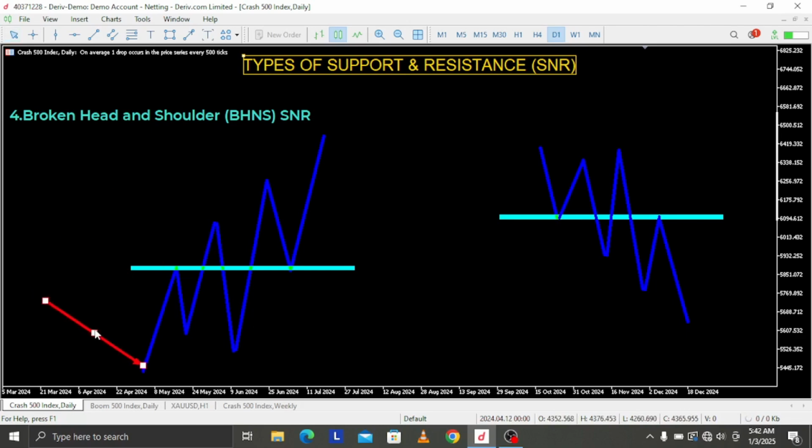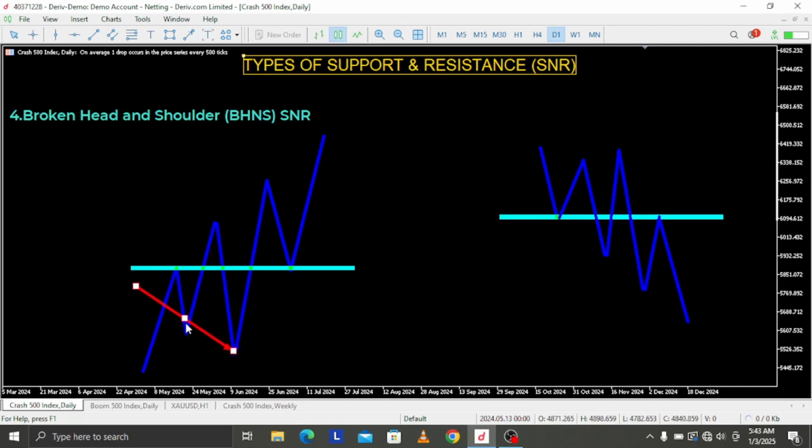What we have here is the price pushing to this area and forming this level of resistance at this particular point. Later on we saw the price breaking this level and then coming back to this point.